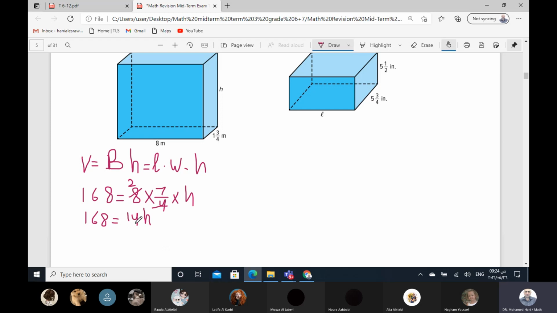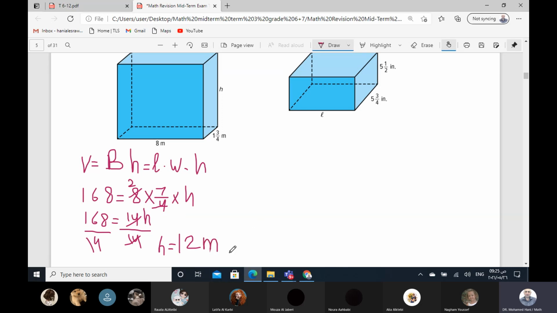You can take the coefficient 14, then divide the two sides by 14. 14 divided by 14 will be 1, and h remains here. And here we have 168 divided by 14. The answer will be 12 meters. Why do I use meter?